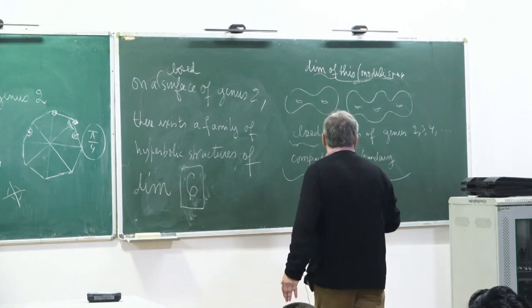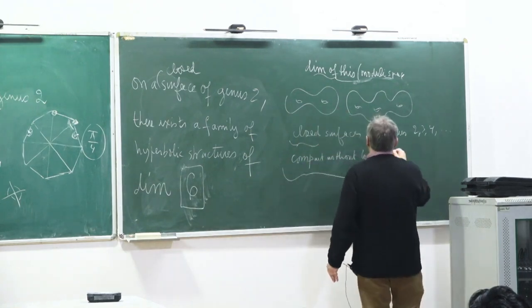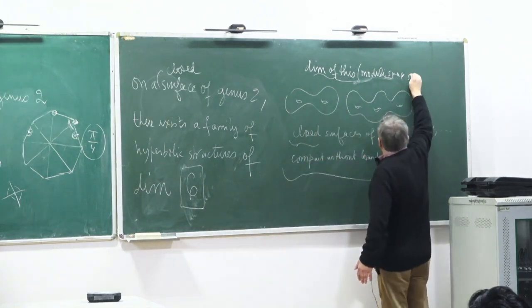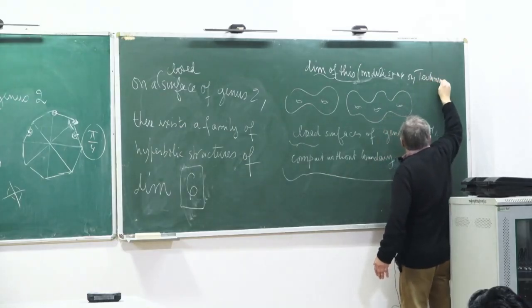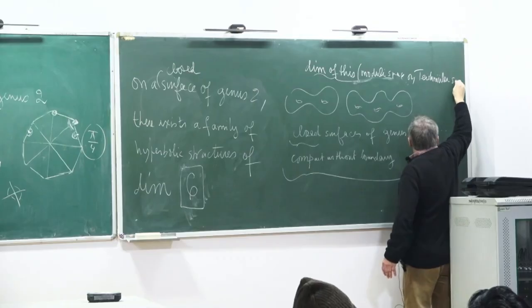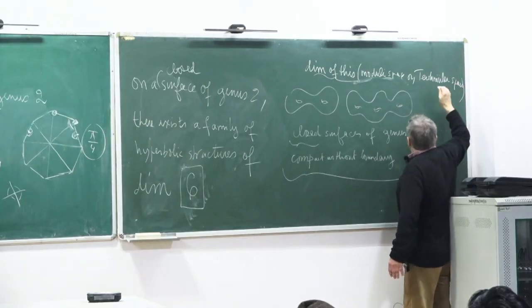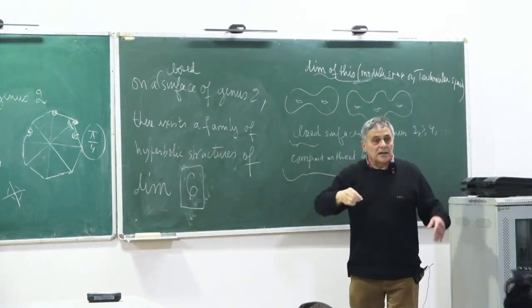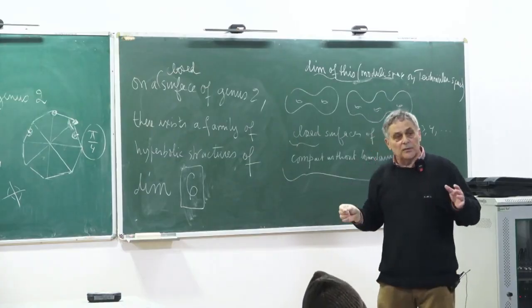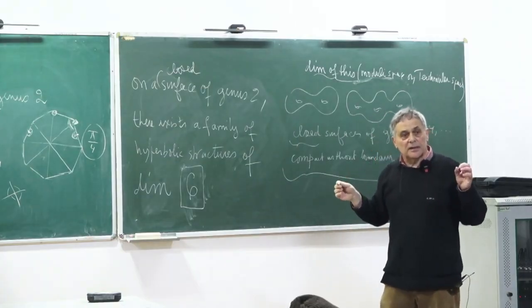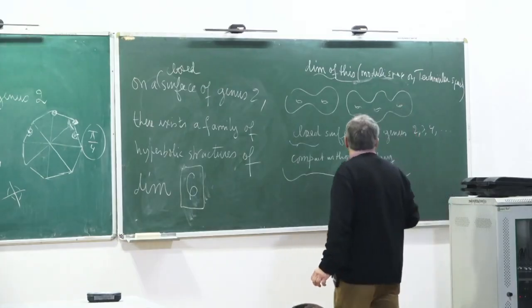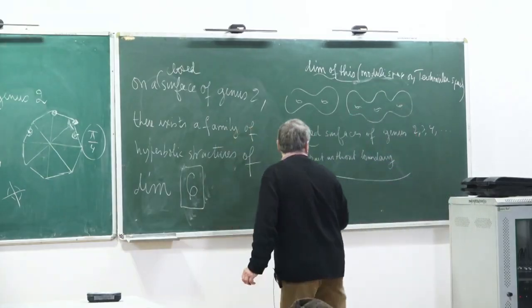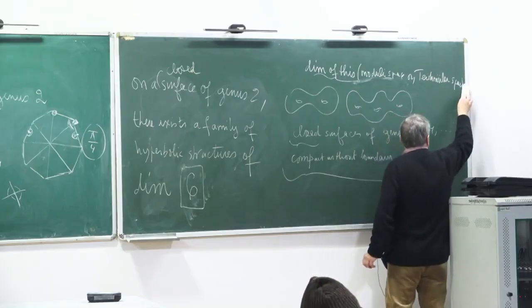And this is called the moduli space, or Teichmüller space. The Teichmüller space is a covering of the moduli space. We're not talking about this now, but they have the same dimension.